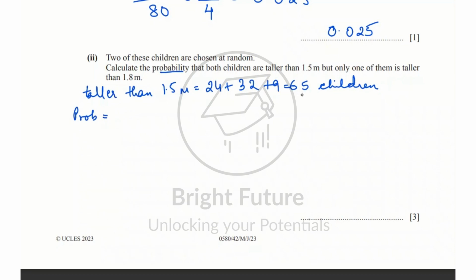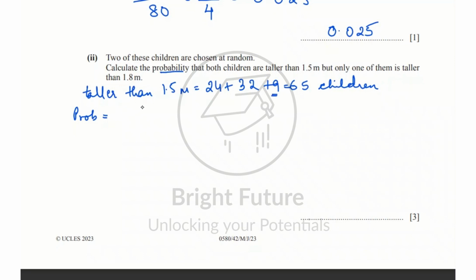Out of these 65, 9 are taller than 1.8. So there are 9 children who are taller than 1.8.